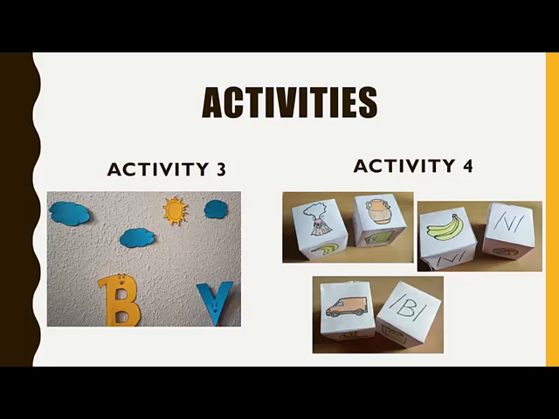When each pupil says a word or a sound, his classmates are going to check what he says. This activity will last approximately 15 minutes, and we need some dice with the different sounds and with different objects.